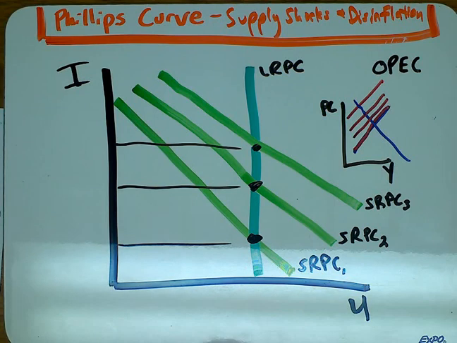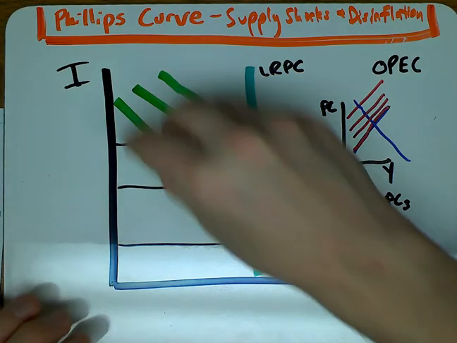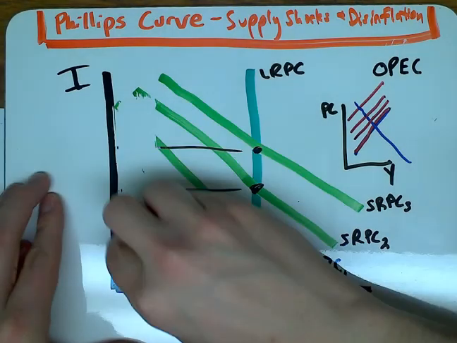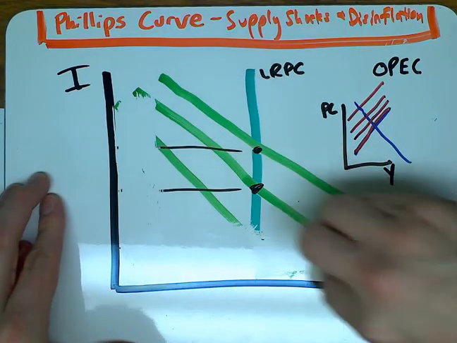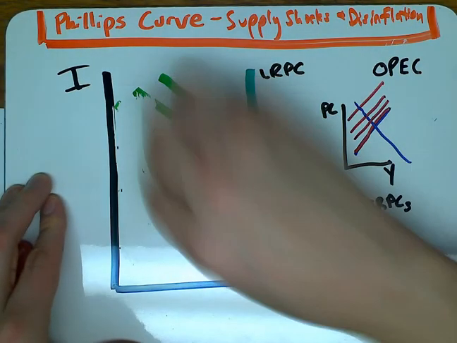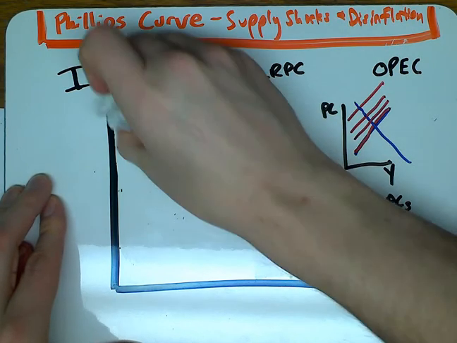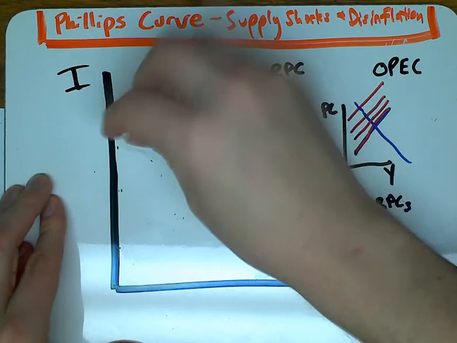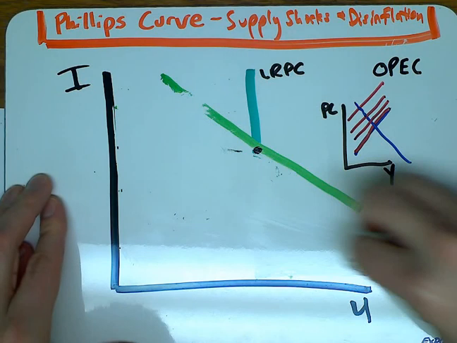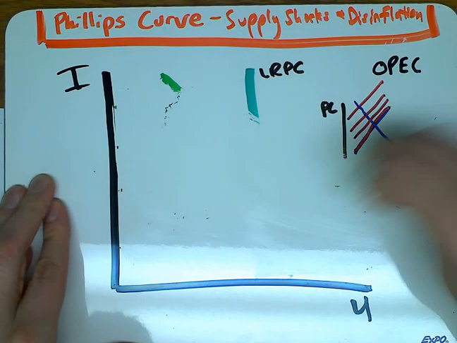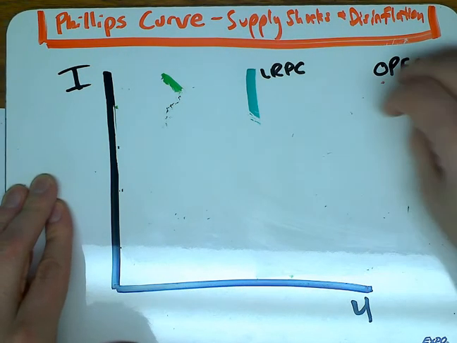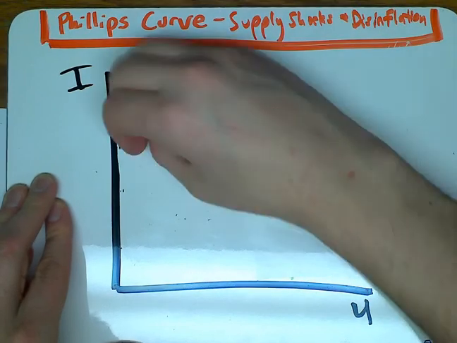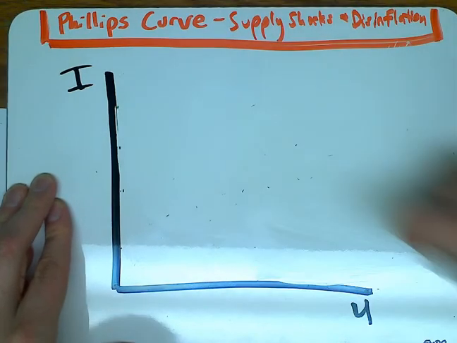So what the Fed and the government had to do in the 80s was disinflate the economy. At inflation rates of 10%, it's really easy to just continue those inflation rates and keep them going, but that's not exactly healthy for the economy in the long run. There's a Fed chairman, and if you look in your Phillips curve packet, it tells you his name is Paul Volcker.